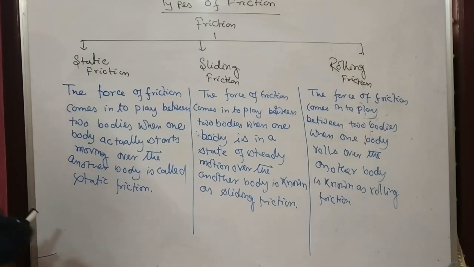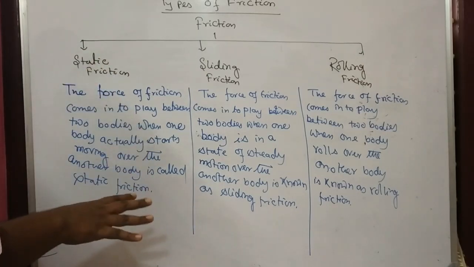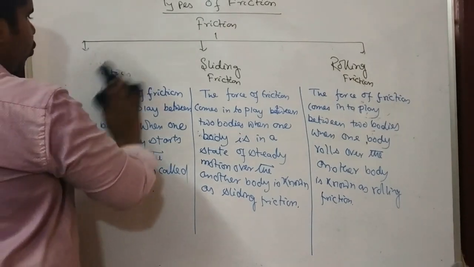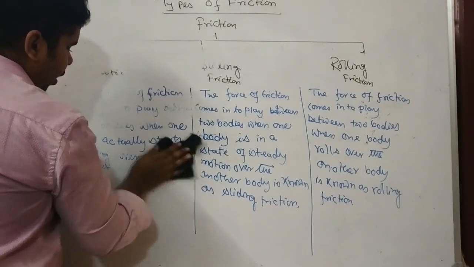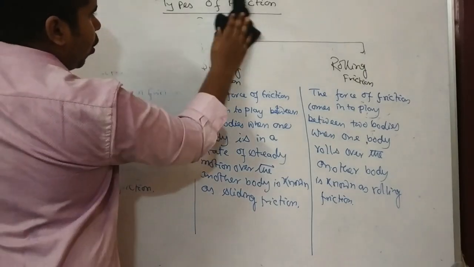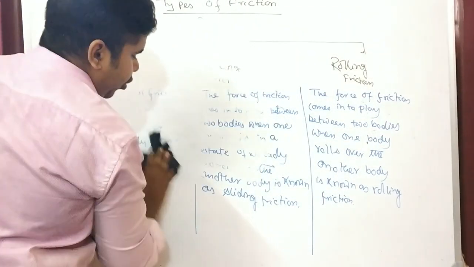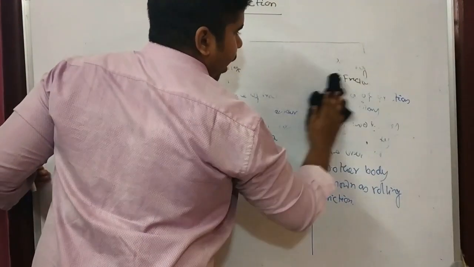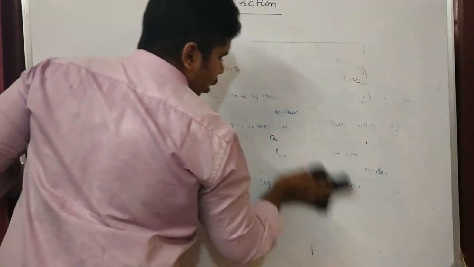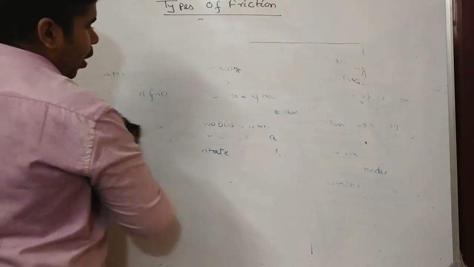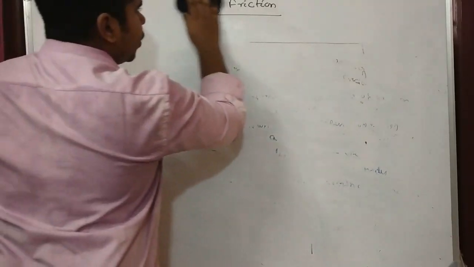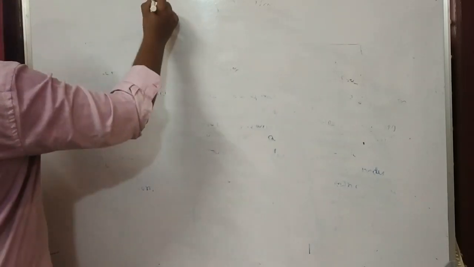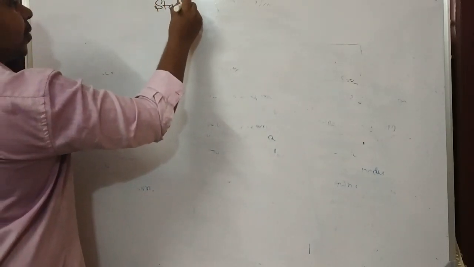If you have not written the definition, just pause the video here, write it, and then see the next part. First we have to start from static friction. Let's see what static friction is. Before talking about it, I am telling you one simple thing. Just see whether you are able to remember or not.